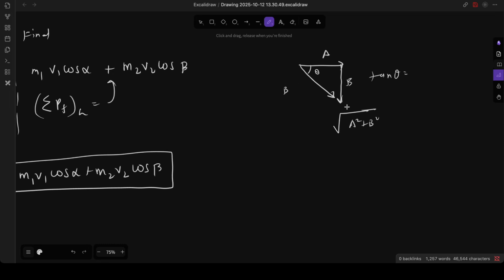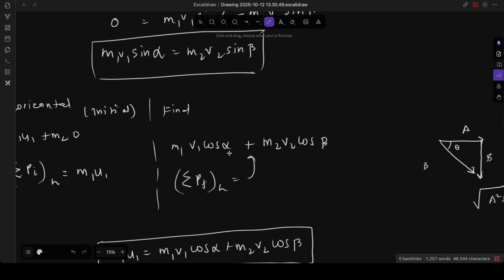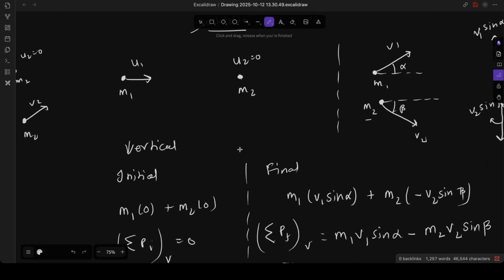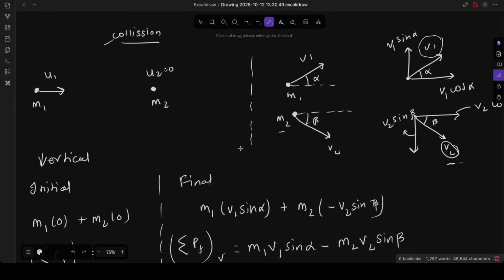Now it is making a right angle triangle where this is theta, and tan theta is opposite upon adjacent, so this will be B upon A. So theta will be tan inverse of B upon A.